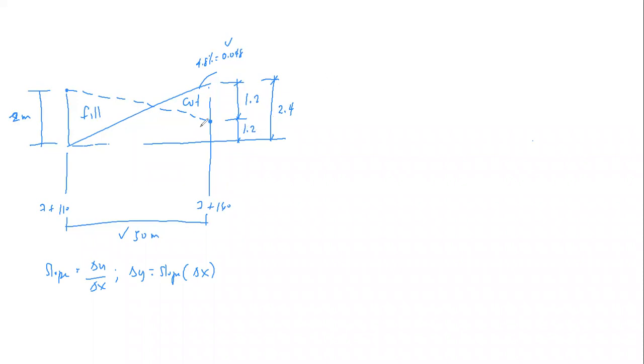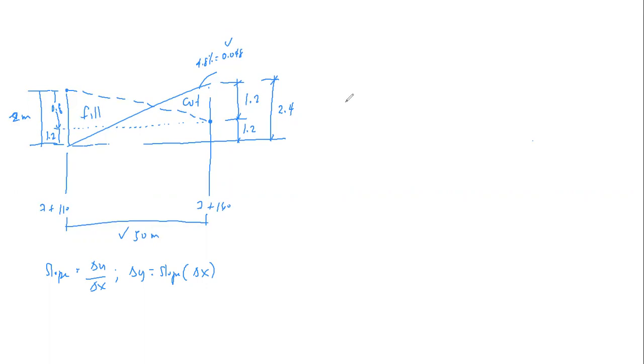Now, if you project this vertical segment to this side, this is also 1.2. Since we're given 2 here and this is 1.2, we expect this is 0.8, because 2 minus 1.2 is 0.8.